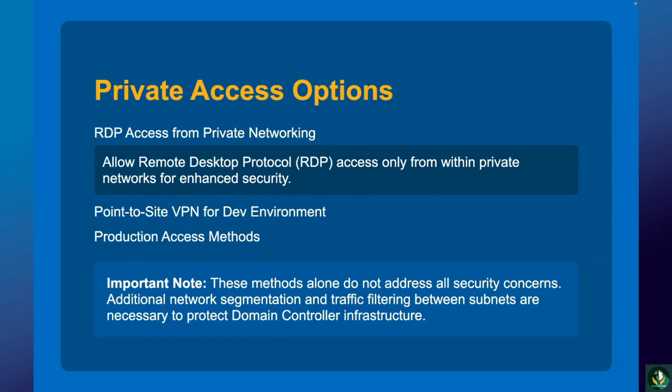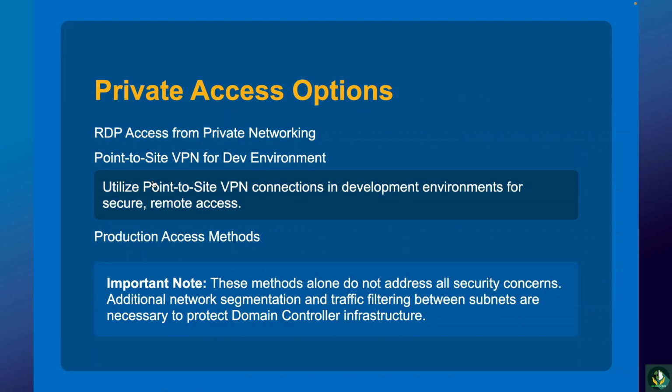Private networking provides a foundation for secure access to Azure resources, such as virtual machines. Allowing Remote Desktop Protocol access exclusively from within private networks is one of the best options. This method significantly enhances security by limiting exposure to public internet threats.